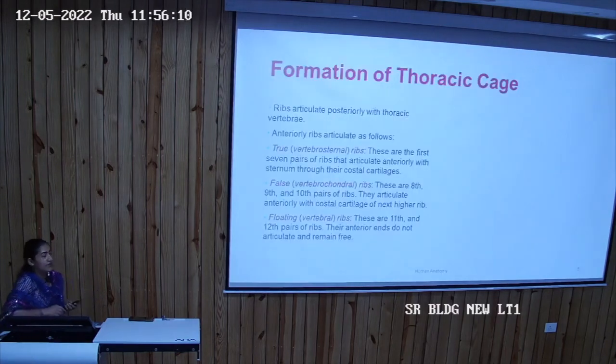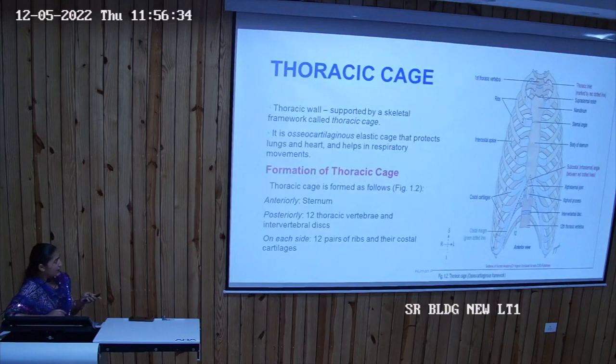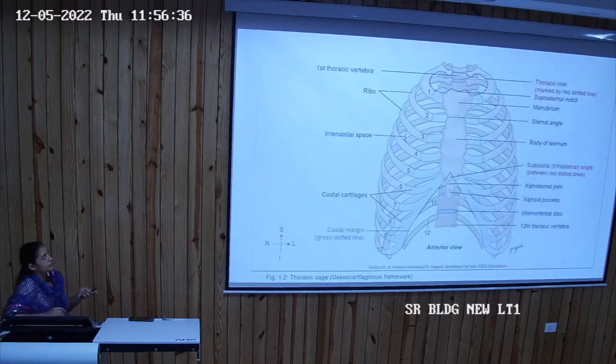Now this thoracic cage is formed by the ribs, and among these ribs there are true ribs, false ribs and floating ribs. Floating ribs, I guess all of you know, are 11 and 12. They are floating because only the posterior end of the ribs is attached to the vertebra. They are not coming anteriorly. While the first 7 pairs of ribs are true, as they have both anterior and posterior ends joining: posteriorly to the vertebra and anteriorly to the sternum.